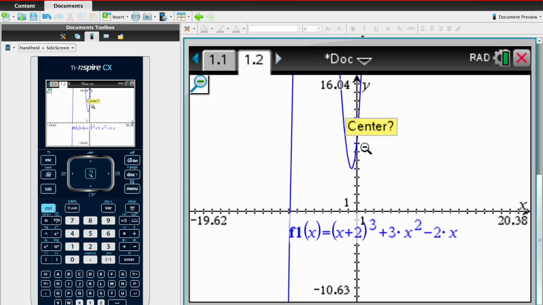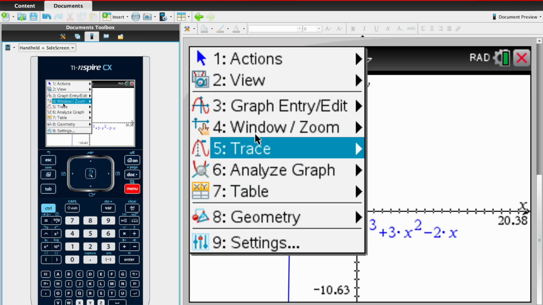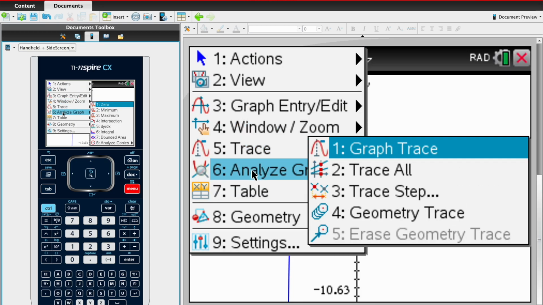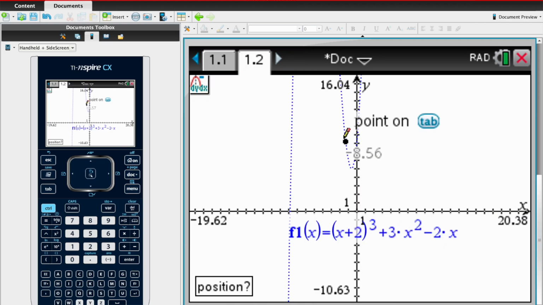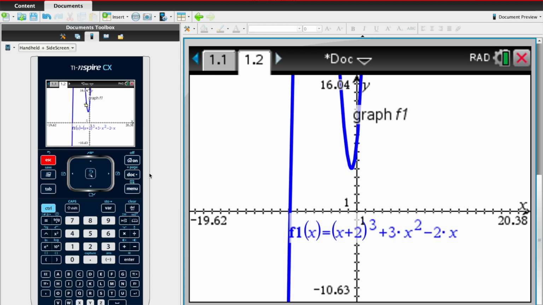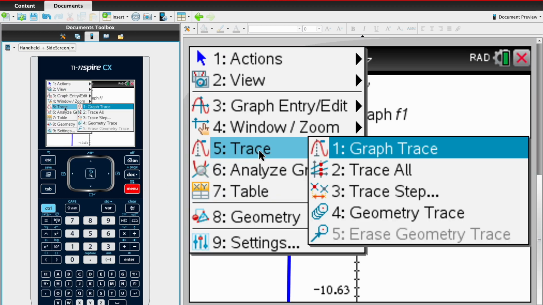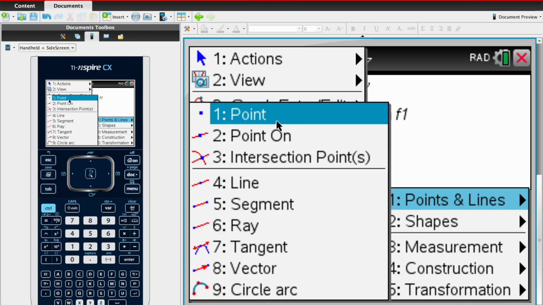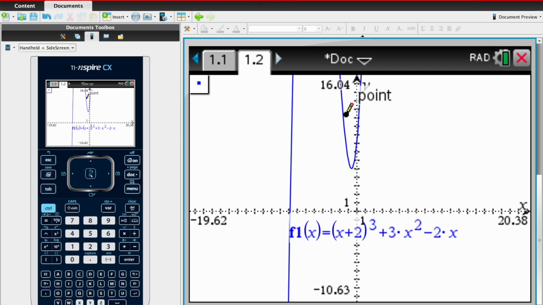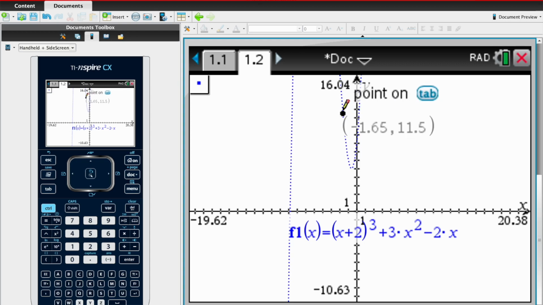And we want to find the derivative dy/dx at some point. And so let's actually first get that point. Graph trace. Let's actually create a point. And let's set the point at x is equal to -2.